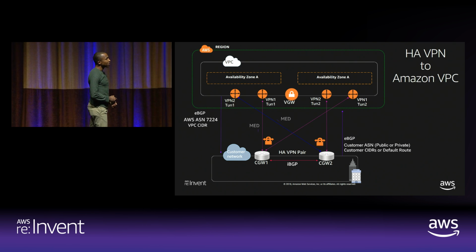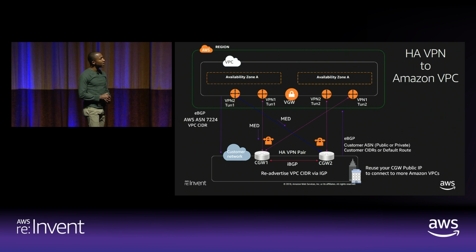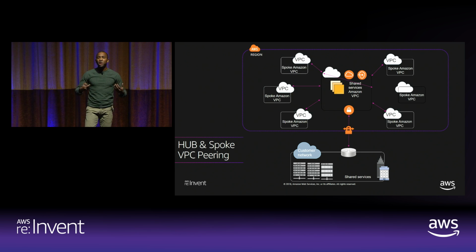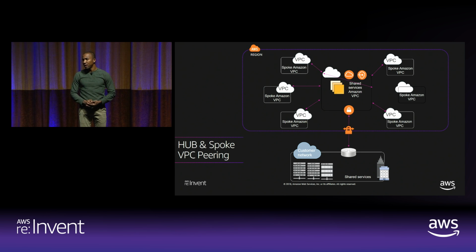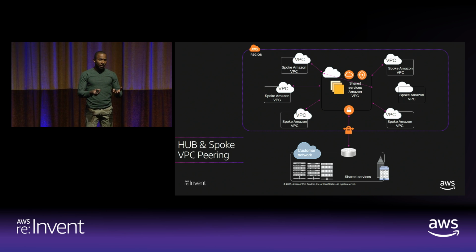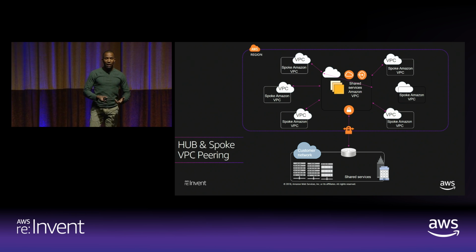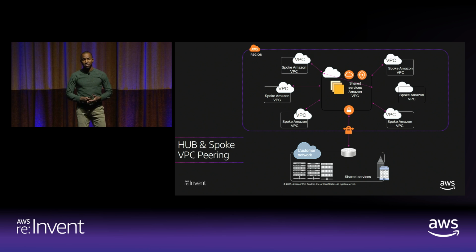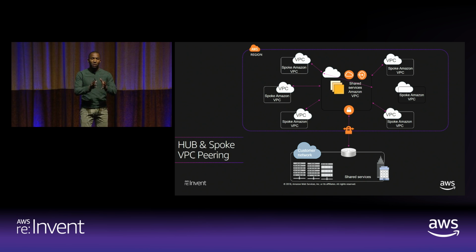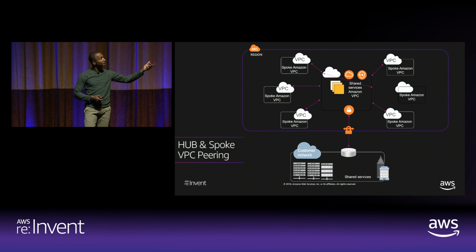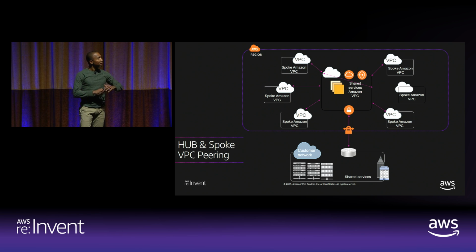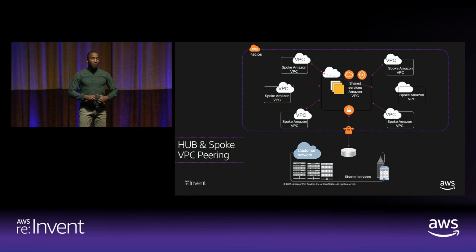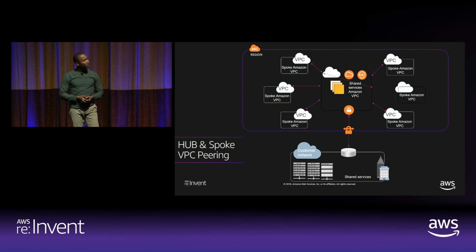So the second thing most customers generally do is to create what we call a shared services model. And that's where they've replicated the infrastructure that exists on premises, like Active Directory, for example, DNS, into the AWS environment, into a single VPC, and then create peered connections between the VPCs that need access and the single VPC.